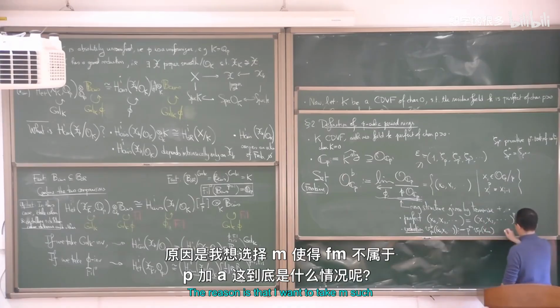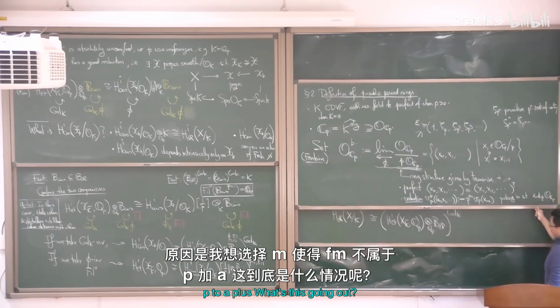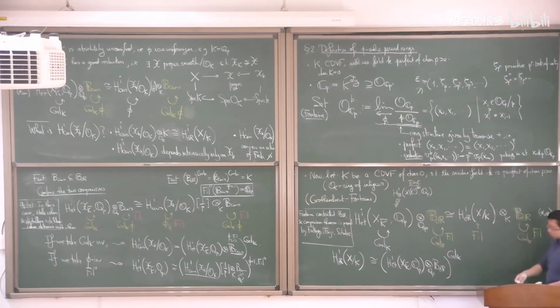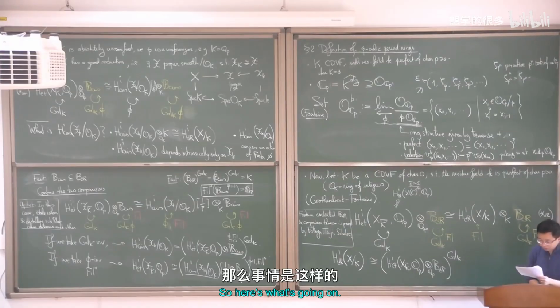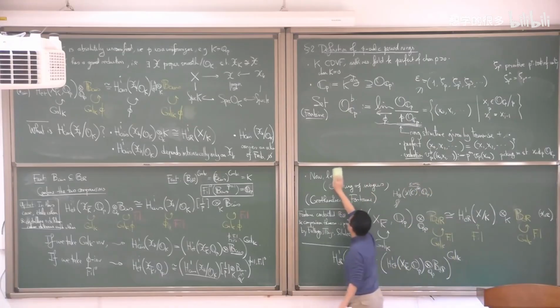The reason is that I want to pick m such that x_m does not belong to p times O_C. What is going on? So here's what's going on. Let me give an example, and you'll see why I define things as so.